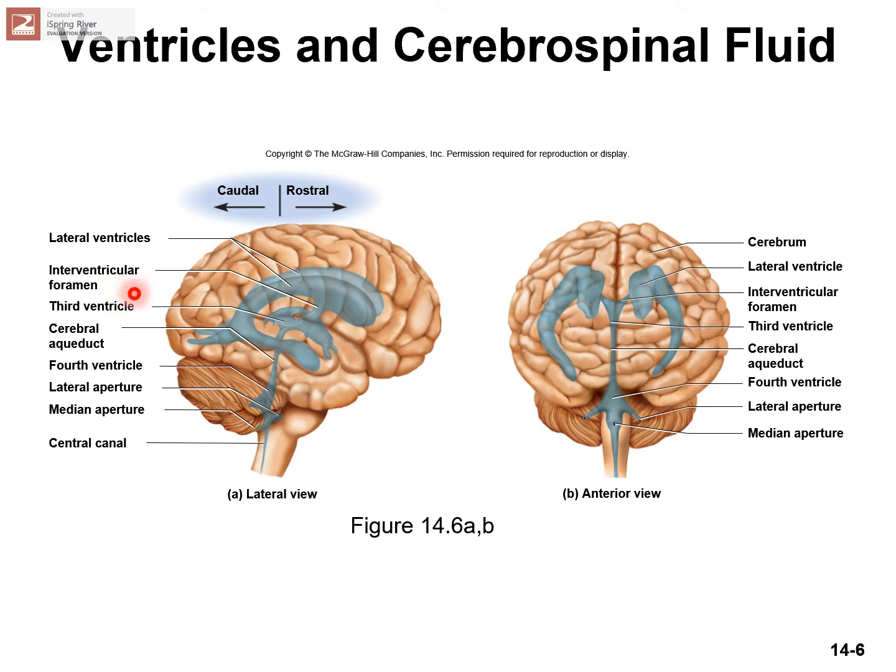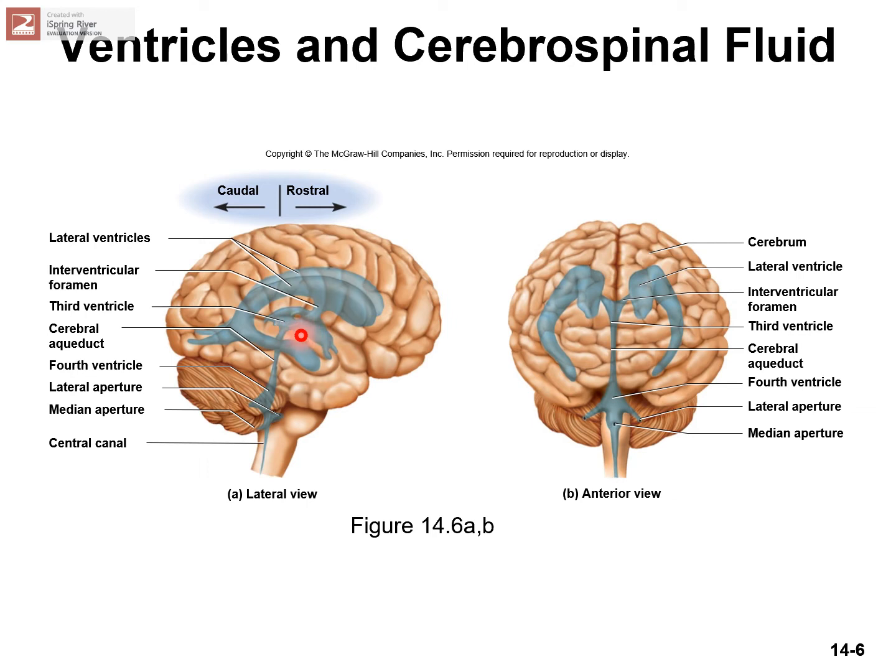The interventricular foramen connects the lateral ventricles to the third ventricle over here. So these are the lateral ventricles, which are the largest chambers, and this interventricular foramen bridges the gap between the lateral ventricles and the third ventricle located right over here.